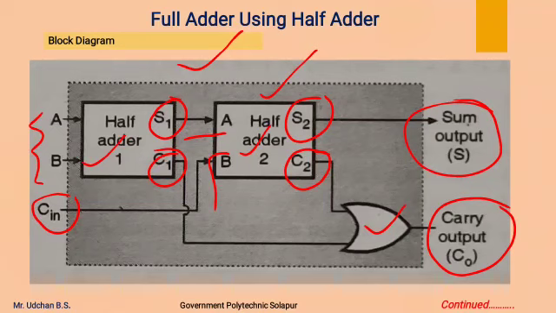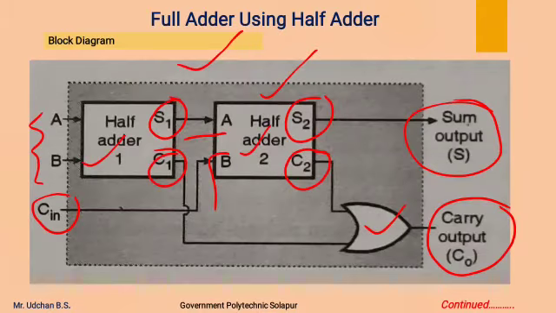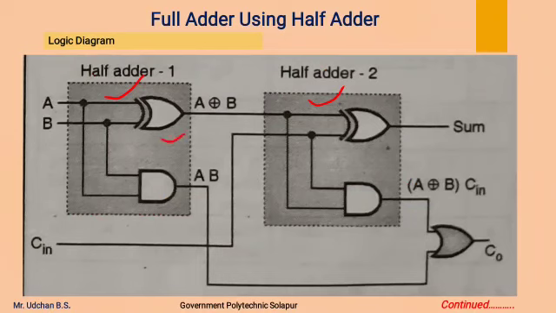Now this is the block diagram. Next we will see the logic diagram of the same. This is the first half adder and this is the second half adder. As shown in the block diagram, the sum output of the first half adder, that is A XOR B, is connected as the first input to the second half adder.